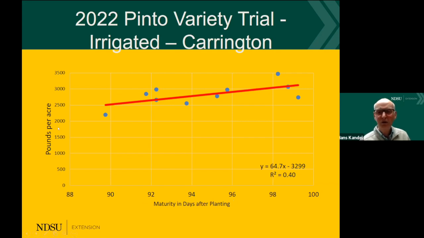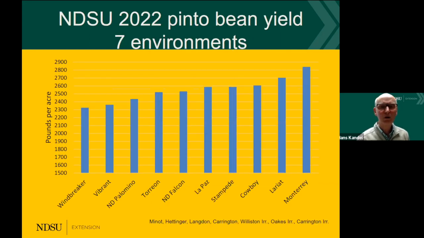So you see there is in the irrigated trial a relationship that if the plants were a little bit longer in the field, they had a little bit more yield potential. So it is not only the days to maturity, but there's also really the genetic makeup of the plant that influences this. But typically when we can optimize the interception of sunlight, we would expect some more yield.